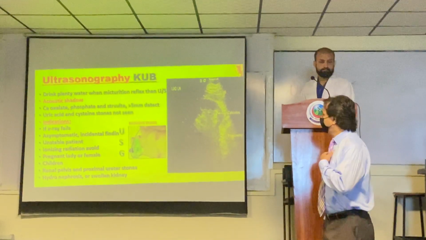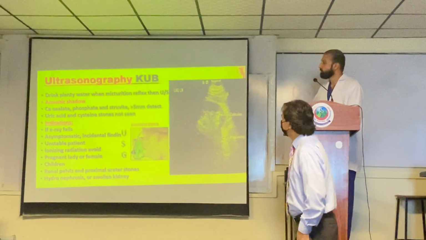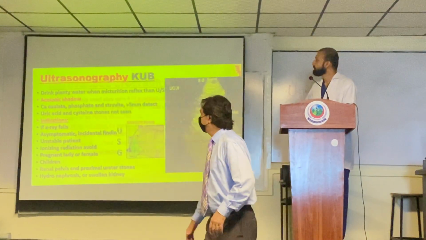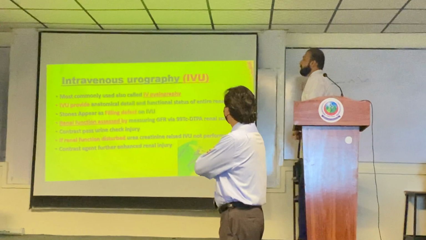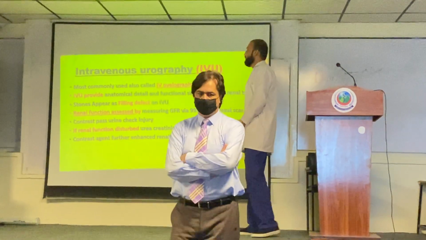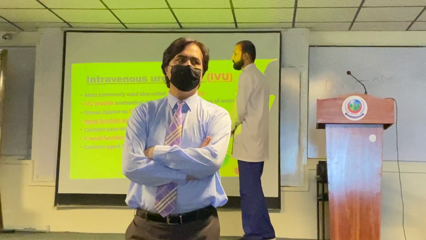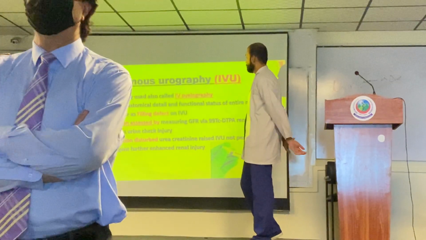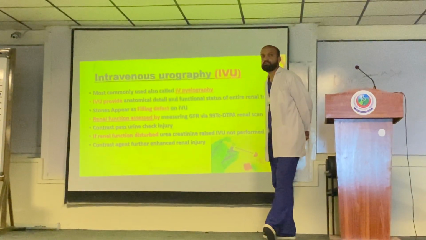So these are the indications of ultrasound. Then we can also do intravenous urography, and it is most commonly used. What is the sole function of IVU? Why do you do IVUs?